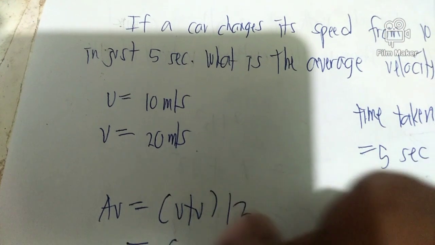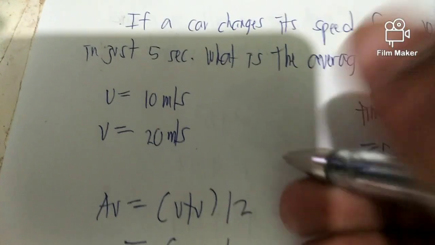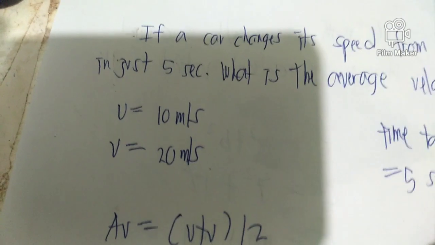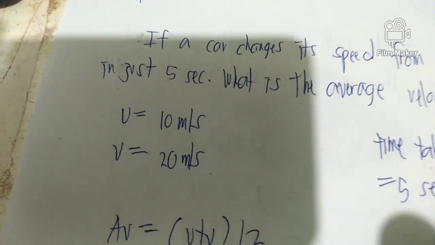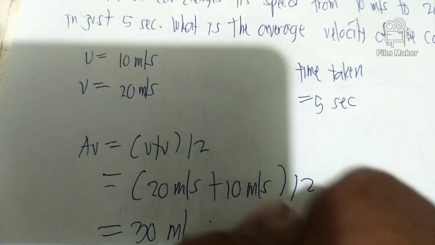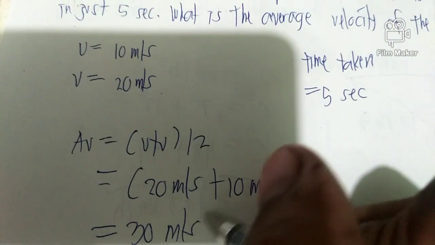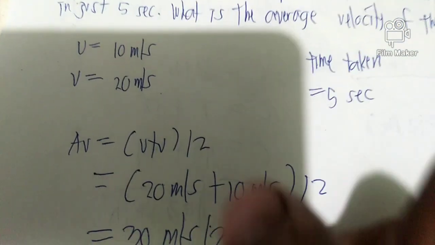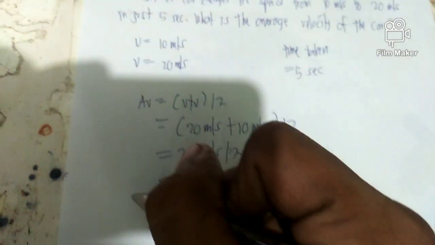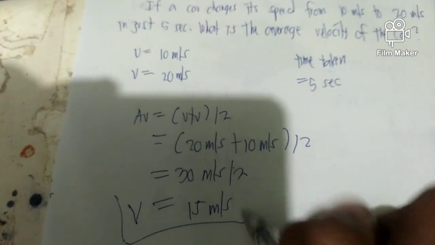So 20 meters per second plus 10 meters per second divided by 2 equals 20 plus 10 equals 30 meters per second, then divided by 2. So 15 meters per second. So our velocity in this given is 15 meters per second.